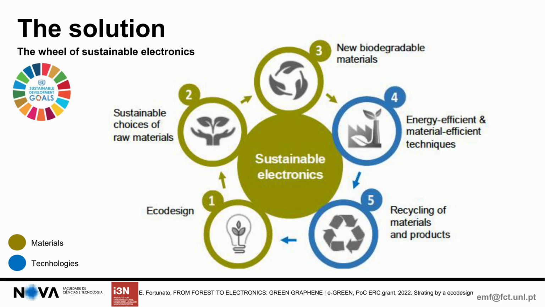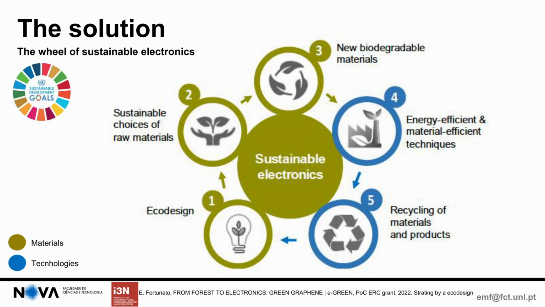And part of the solution that I would like to show you today is related to sustainability. For example, here we have what we used to call the wheel for sustainable electronics, and we must start with the design of the products that we want to produce. So we must start with the eco-design. After that, we must carefully choose the sustainable raw materials, and if possible, some biodegradable materials.